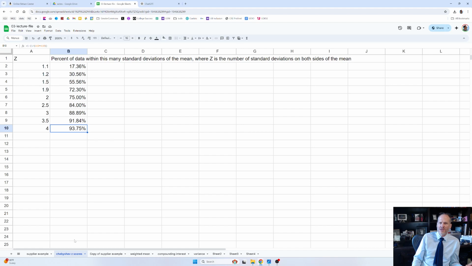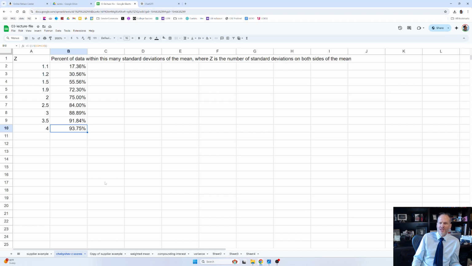It's a numeric measure, a descriptive statistic, to gain insight into our data. And this is just a theorem, kind of a rule. For all data sets, within 4 standard deviations, you're going to have 94% of your data.